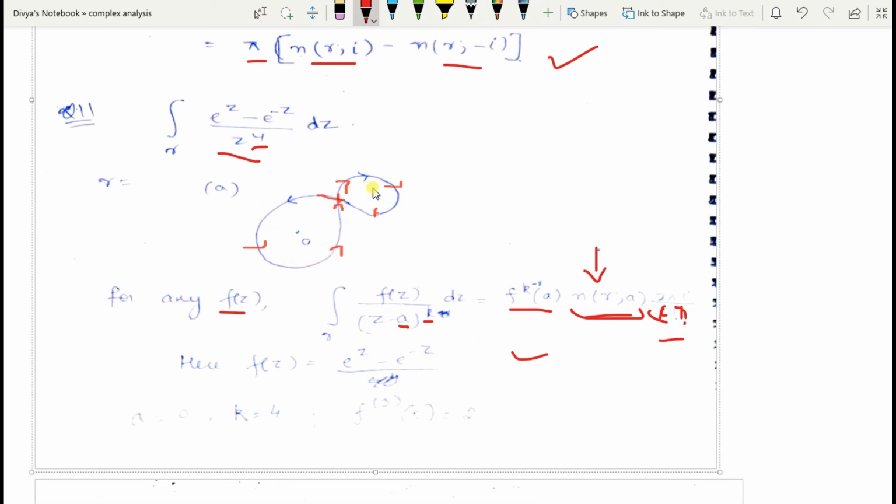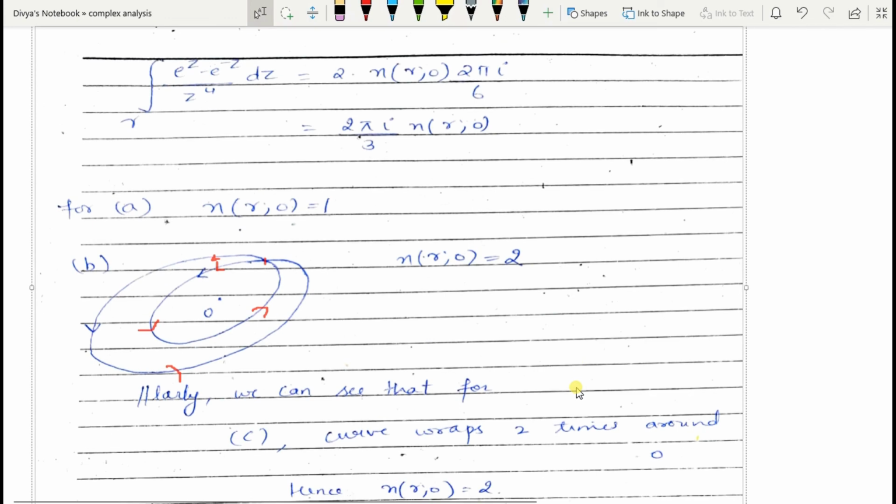The geometric definition is how many times the curve is wrapping around a. So if this is the point a, we are starting from here. First the curve is traced by this, then it closes and returns to the original position. How many times has it wound up? One time. So the index would be 1. Therefore this is equal to the index of gamma with respect to 0, which is the given point, and the index is nothing but 1 because it winds up 1 time.